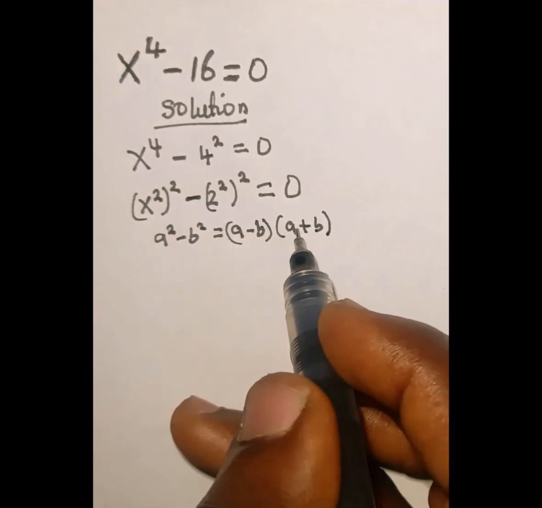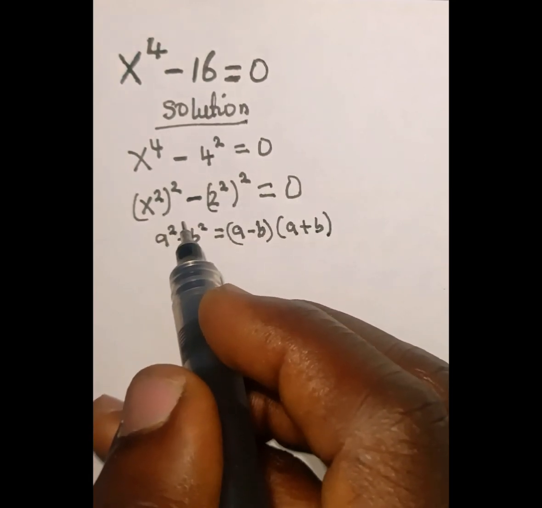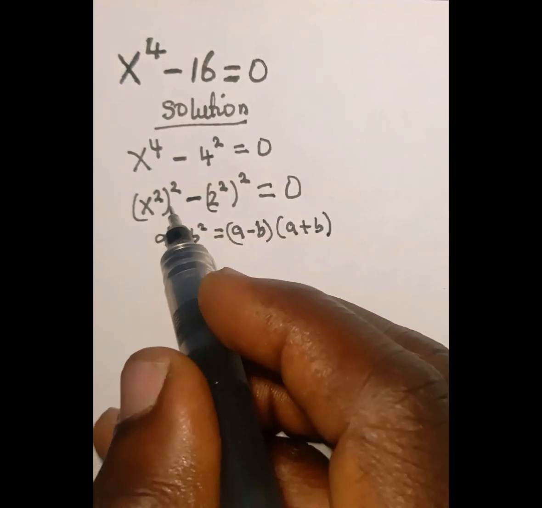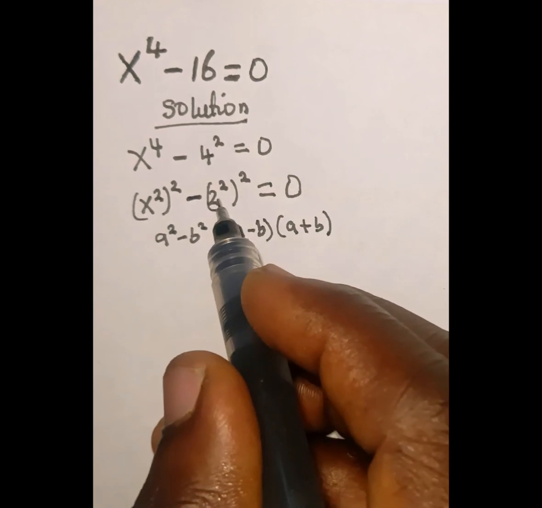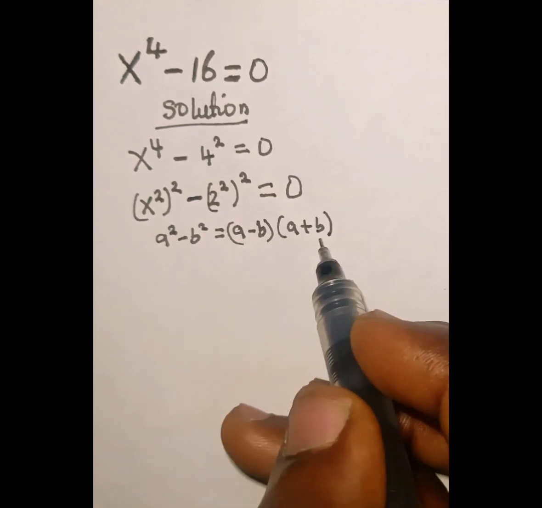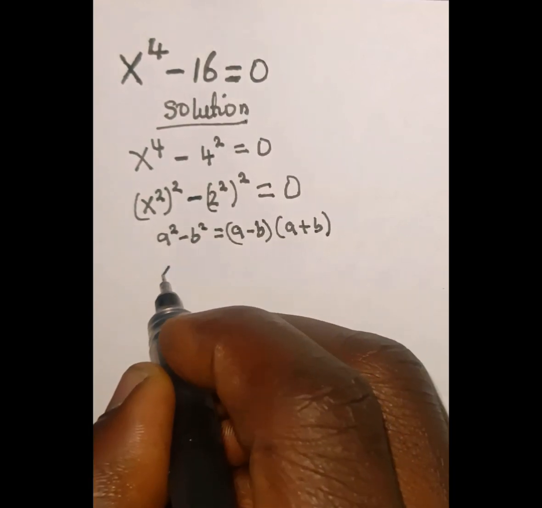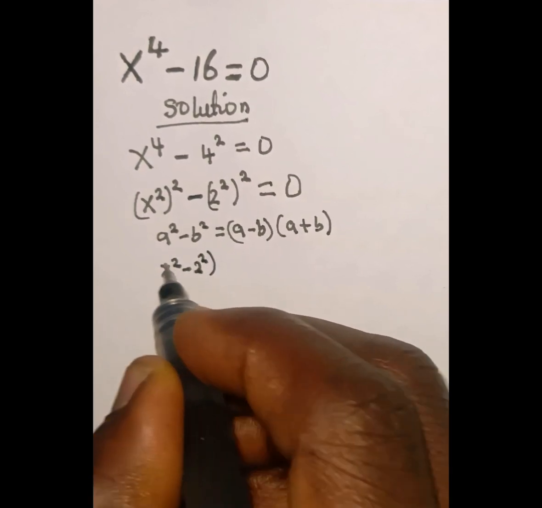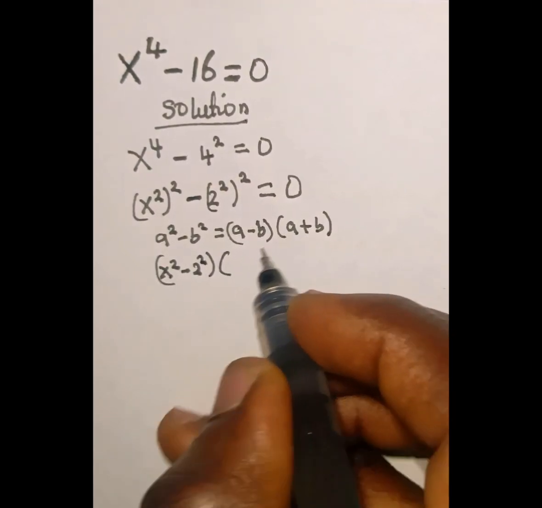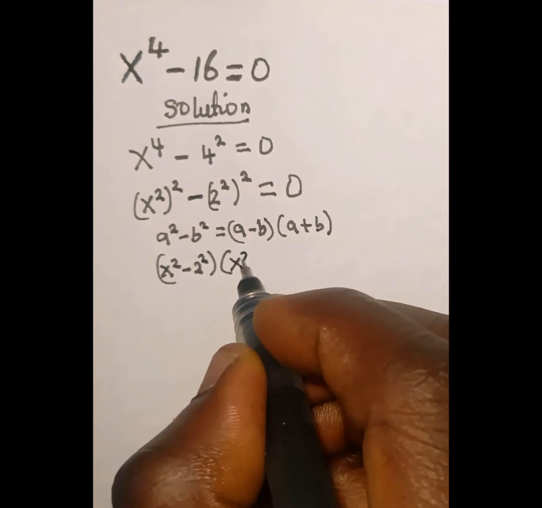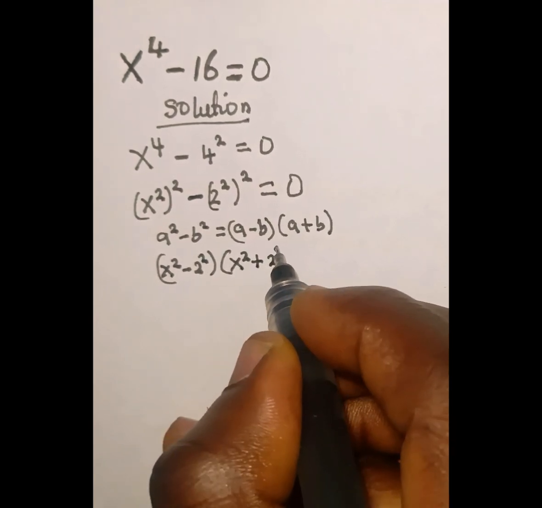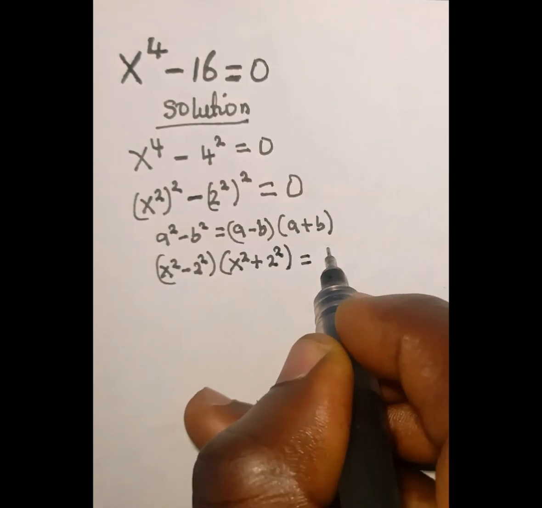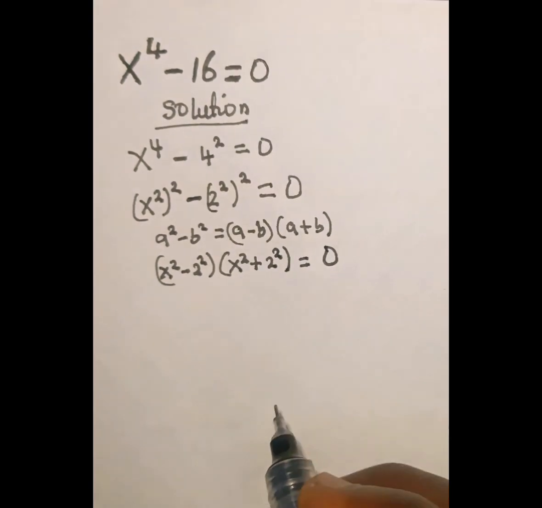We apply this property to the left hand side of this equation, where a represents x to the power 2 and b represents 2 to the power of 2. Written in this form, it is x squared minus 2 to the power 2, multiplied by x squared plus 2 to the power of 2, and everything is equal to 0.